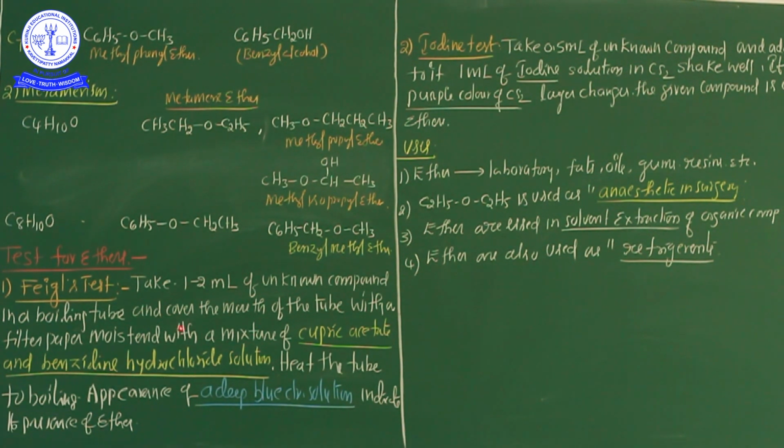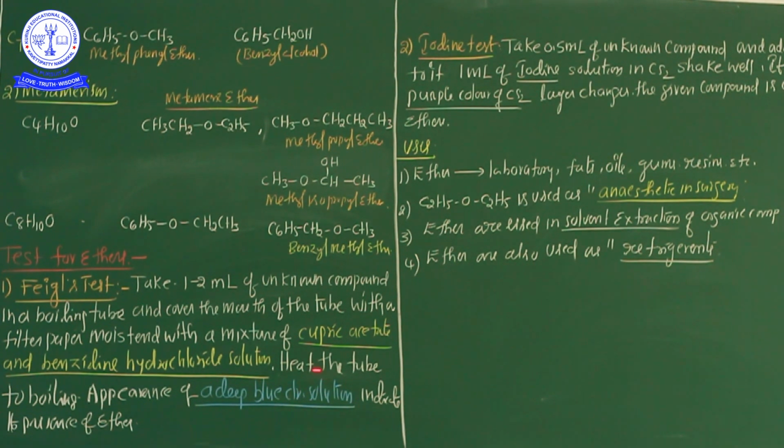Simply, if you have an unknown compound and you don't know whether it is ether or another compound, just take 1 to 2 ml of the unknown compound and add it to the cupric acetate and benzidine hydrochloride.